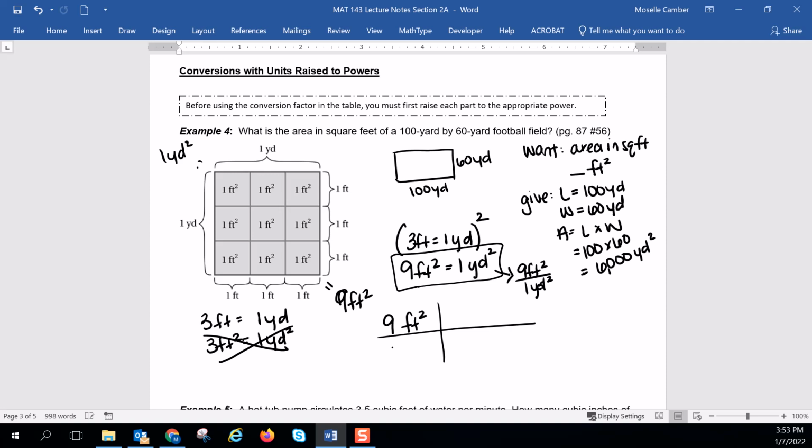So I have 9 feet squared divided by 1 yard squared. Now I don't want square yards in my answer, I only want square feet. So I can put my 6,000 square yards here, and there's nothing else that goes with it. So yard squared cancels, so I'm left with feet squared, so I just do 9 times 6,000 to get 54,000 square feet. So the area of a football field is going to be 54,000 square feet.